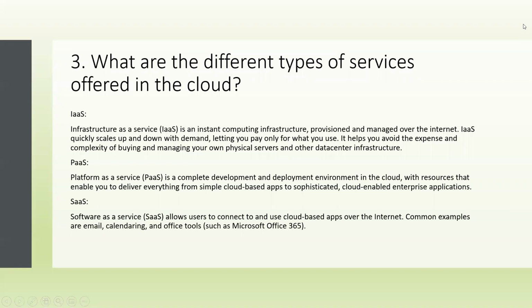IaaS is a cloud computing model where virtualized infrastructure is offered to and managed for businesses by external cloud providers. With IaaS, companies can outsource for storages, servers, data center space, and cloud networking components connected through the internet, offering similar functionality as that of an on-premises infrastructure.